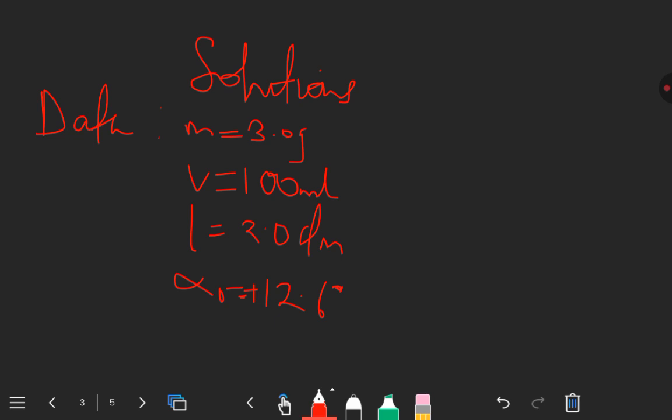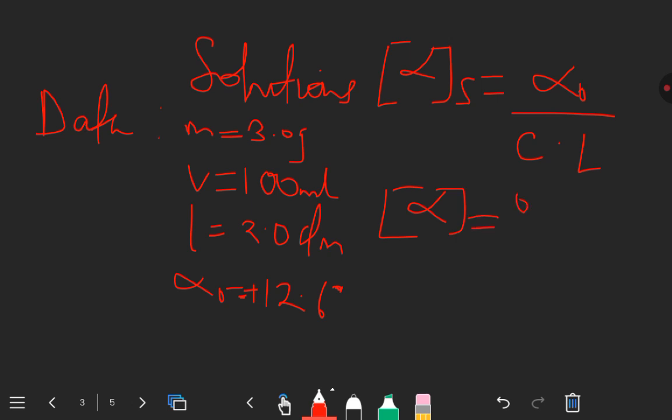So whenever you've been asked to calculate the specific rotation, the formula is: specific rotation is equal to the observed rotation over concentration multiplied by the length. And one thing we need to understand here is that the specific rotation and the observed rotation must be in degrees.